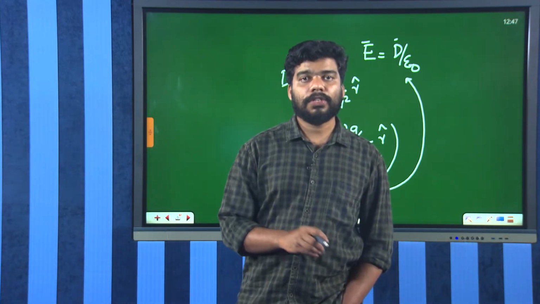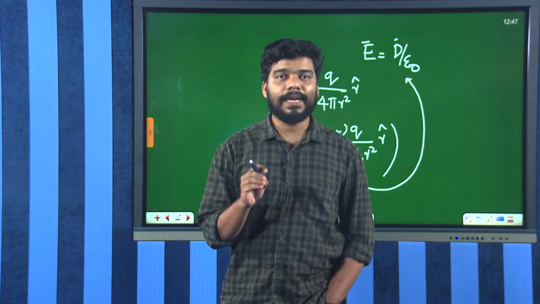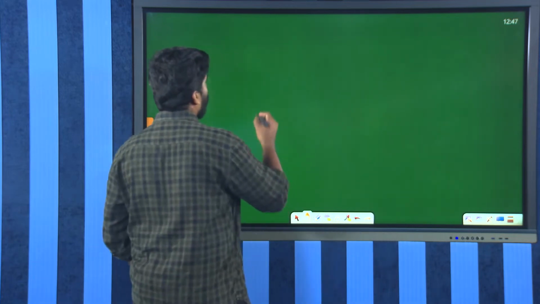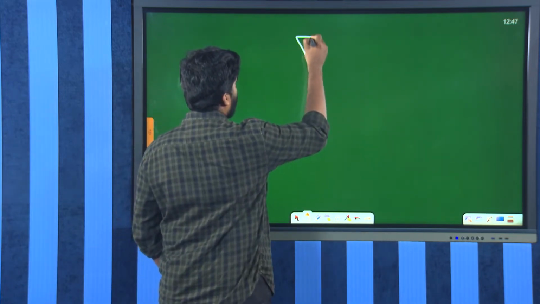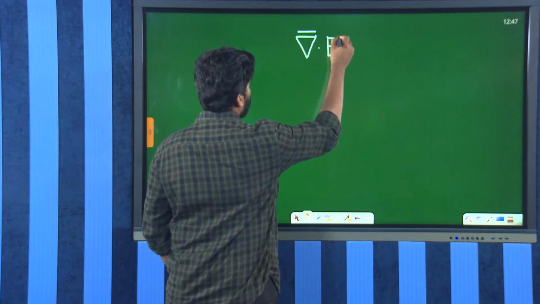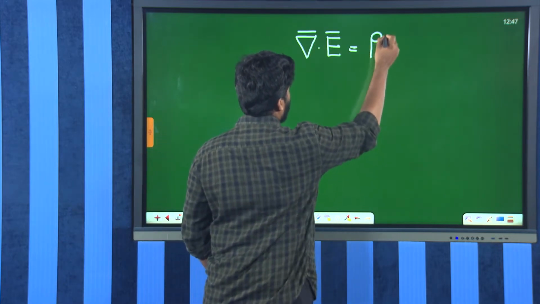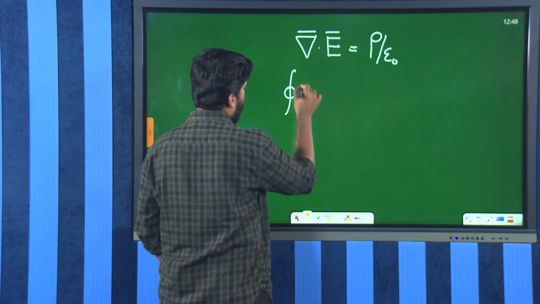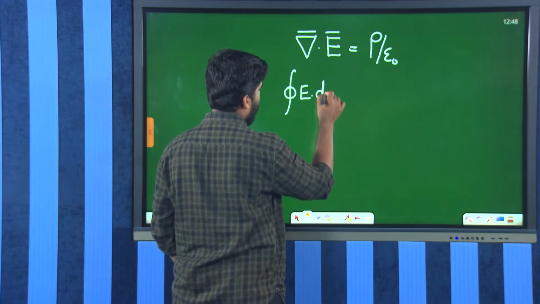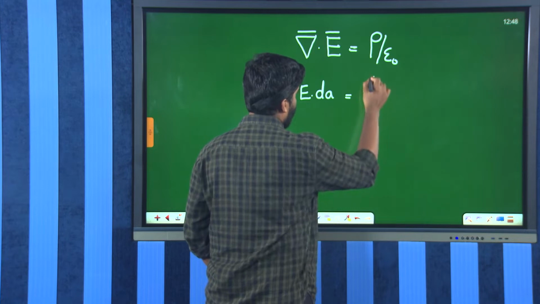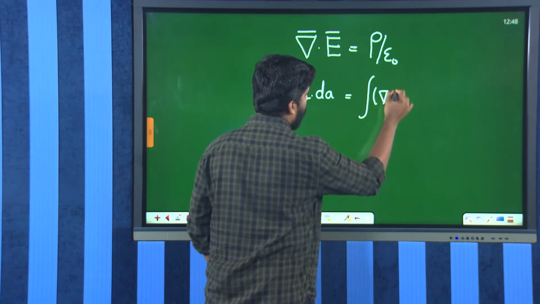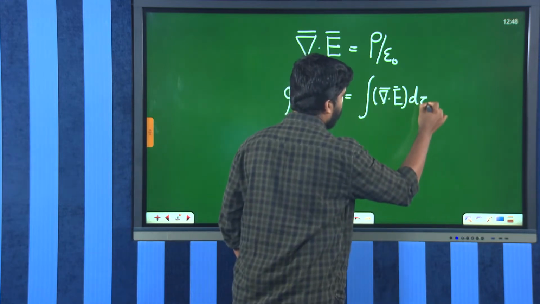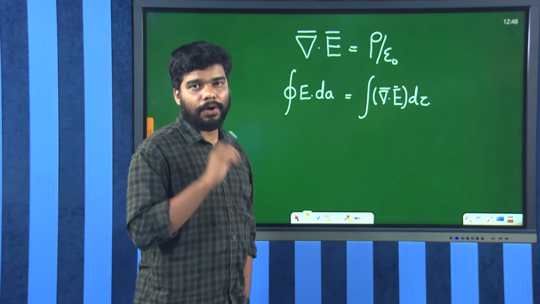Now, let us write Gauss's law in terms of electric displacement. According to Gauss's law, in our earlier form, del dot E is equal to rho by epsilon 0, from where we got the closed integral of E dot dA over an area A, which is equal to the integral of del dot E d tau, from the Gauss divergence theorem. Then d tau is the small volume.